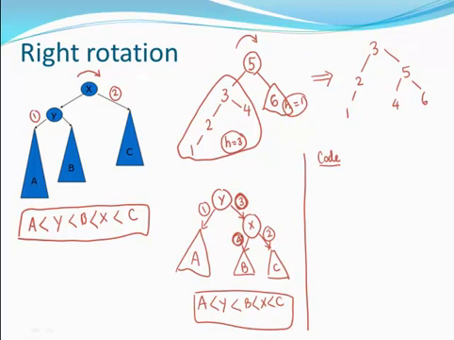So let's start by doing the following. After you do the rotation, Y becomes the root node, so we will have to return that root node back to the calling program. Let's maintain pointers to these things. Let's call this t, and let's call this the new root.